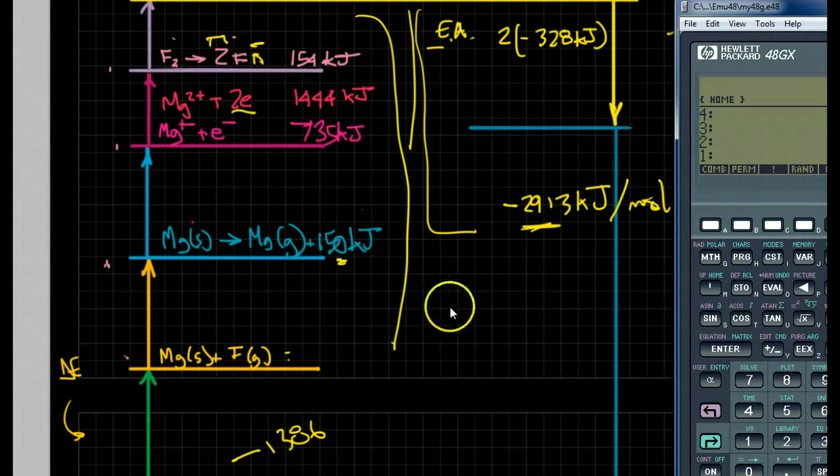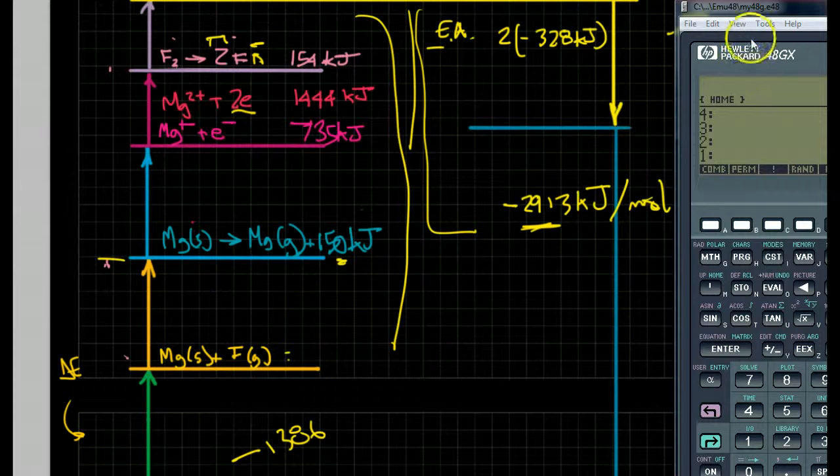Although I should qualify that because science should not be about getting the answers you're expecting, right? But you should try to get the right answers. That's important. All right, so here we go. Let's start from scratch again, I guess. We've got 150 here, that's sublimation again.